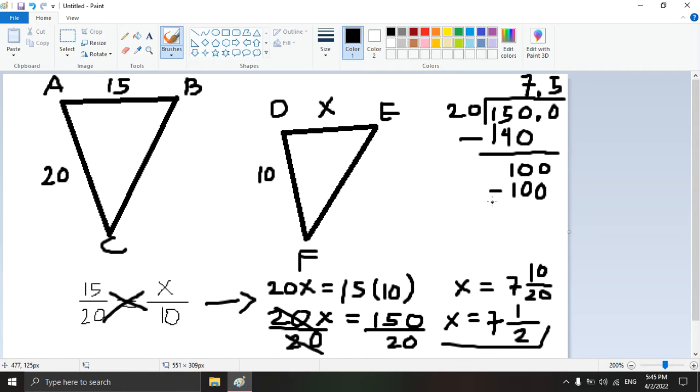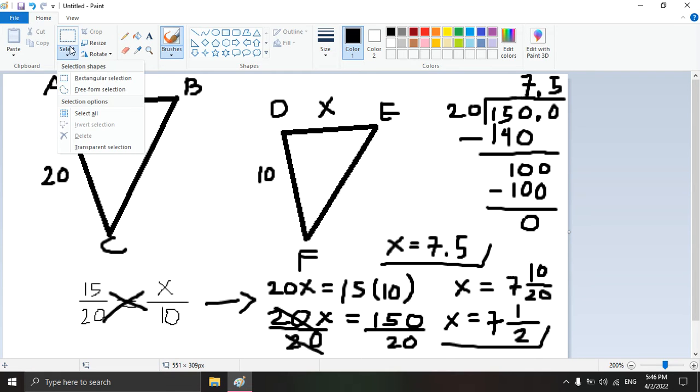Then subtract, then 0. So you can also have the answer X equals 7.5. It's either of the two. Either 7 and 1/2 or 7.5. They are the same.